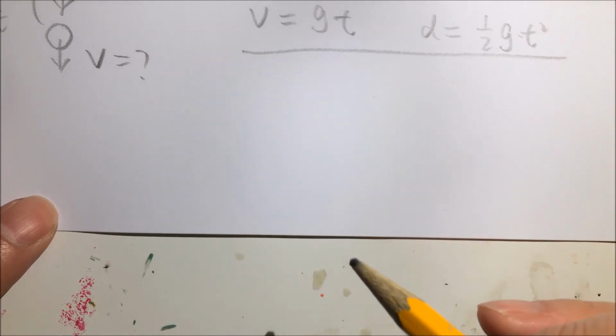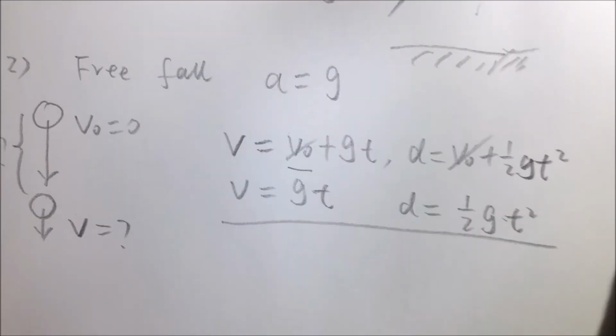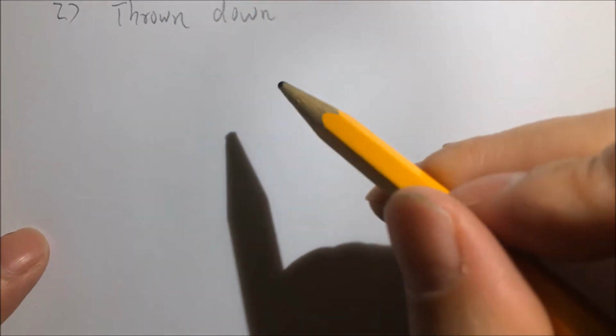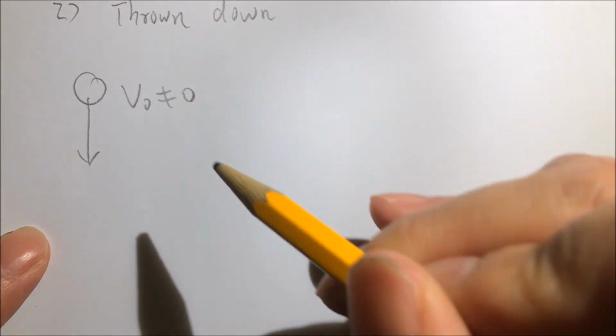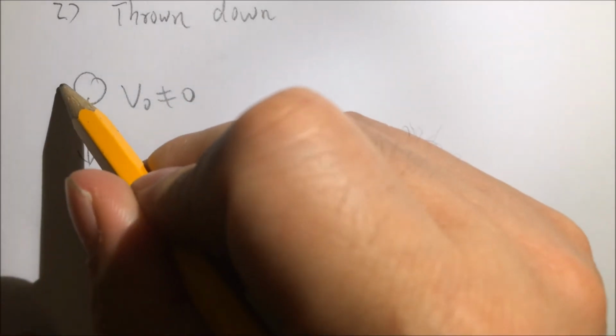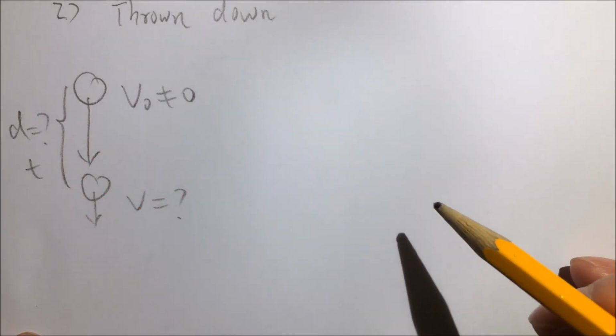Now let's come to the second case, which is the object is thrown down, which means it has the initial velocity going down not being 0, and we still need to find out the final velocity and the distance after a certain amount of time.